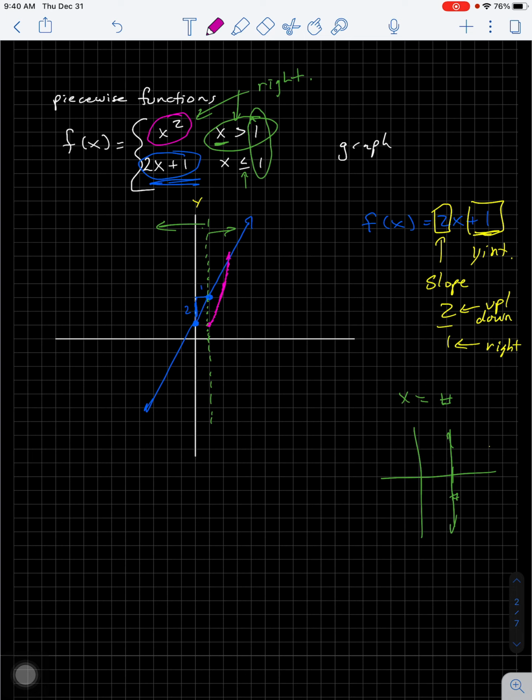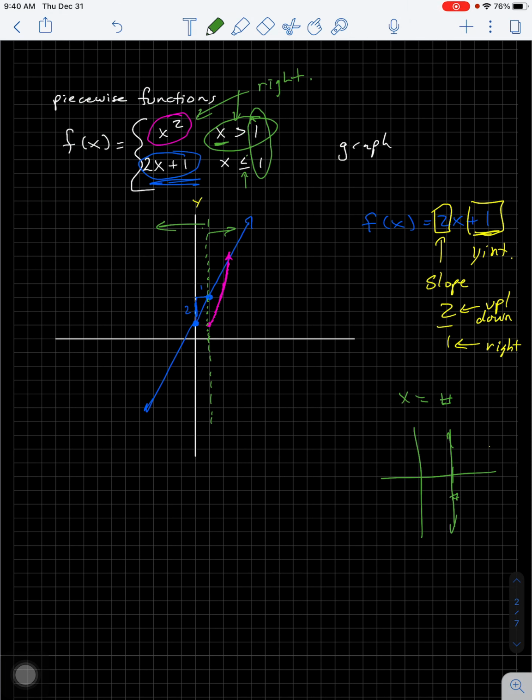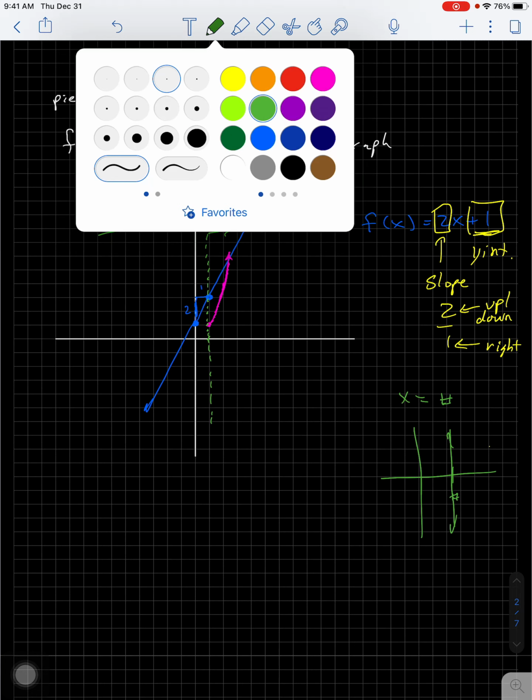So this is all that's left of the pink. Nothing on the left-hand side. For the bottom one, it says x is less than 1. Less is on the left, more is on the right. So this says that the blue graph is on the left side of the green line.